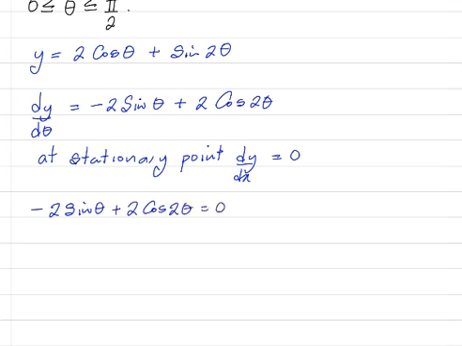By looking at this, I think I can turn it into a quadratic, because cos 2 theta is the same as 1 minus 2 sine squared theta. But before I do that, I could divide the entire equation by 2. So now I have minus sine theta plus cos 2 theta is equal to 0.